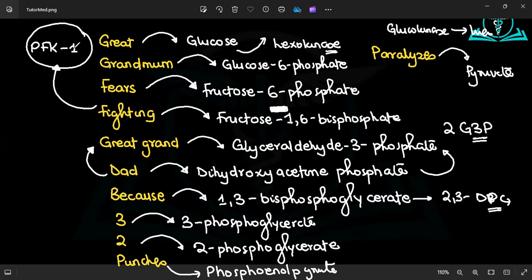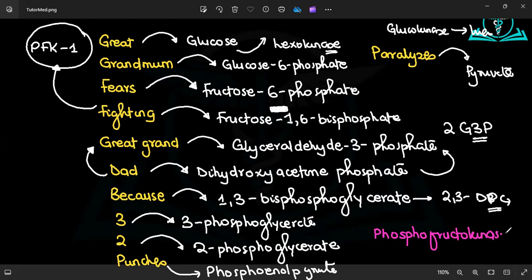The rate determining enzyme for glycolysis is phosphofructokinase 1.